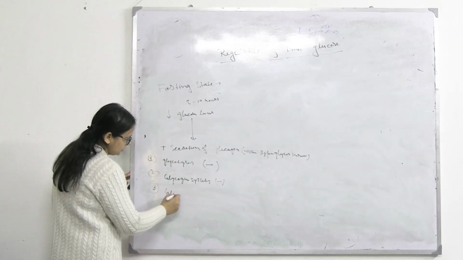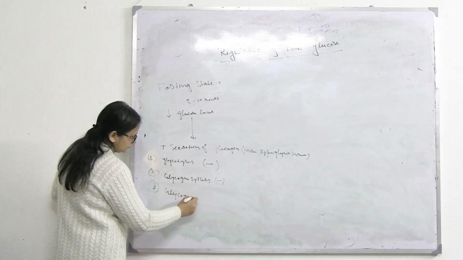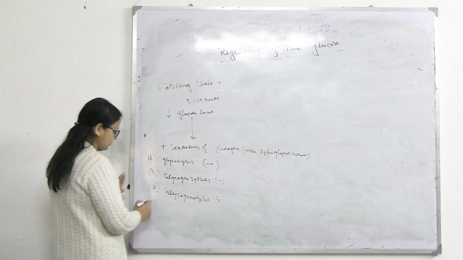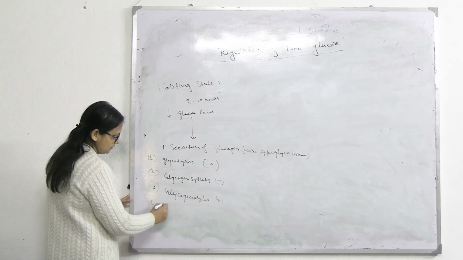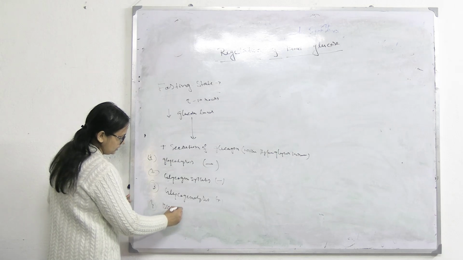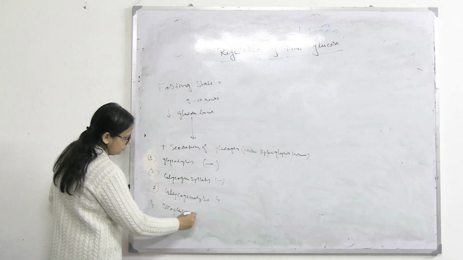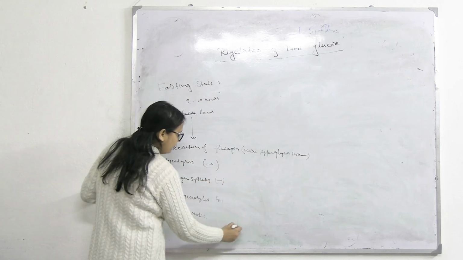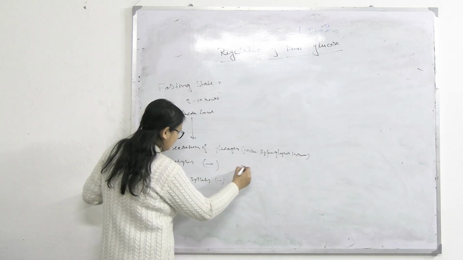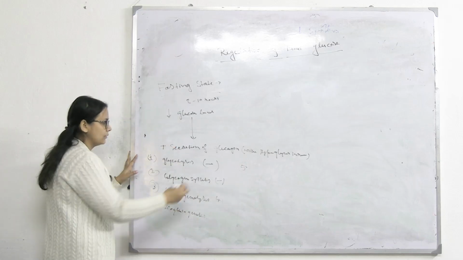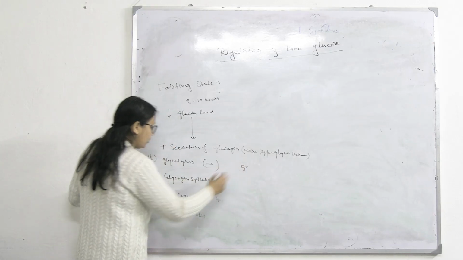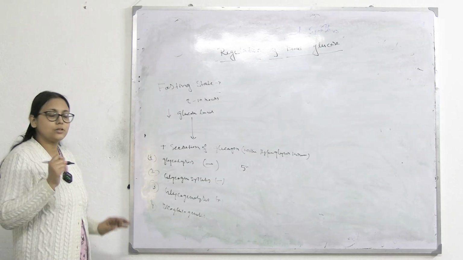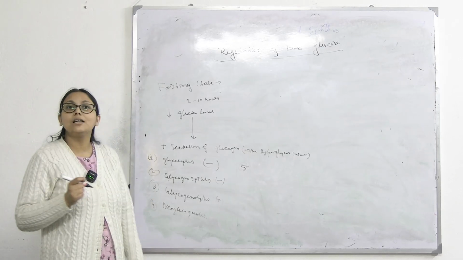Now glycogenolysis, this will be activated. Neoglucogenesis, activated. For neoglucogenesis, the amino acid will come from breakdown of muscle protein.